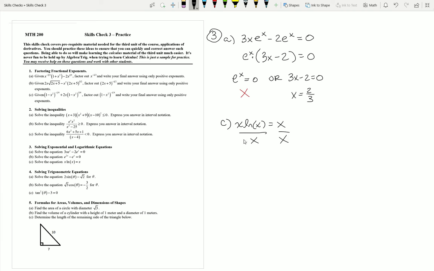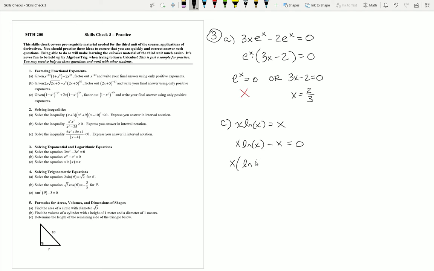If x is going to be the value of 0, then I'm going to be dividing by 0 here, which is never okay. So I can't just divide by a variable unless I can be sure that variable is not 0. Instead, our move is going to be very similar to what we did in part A. We're going to move everything to one side of our equation, and factor out the item that was in common.